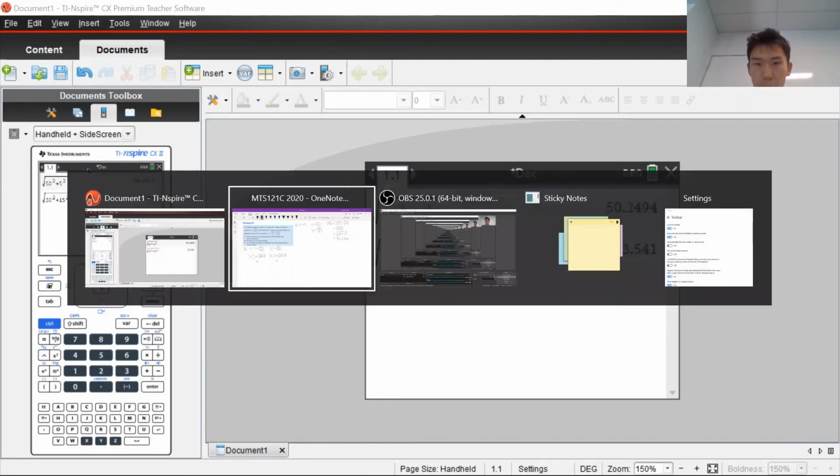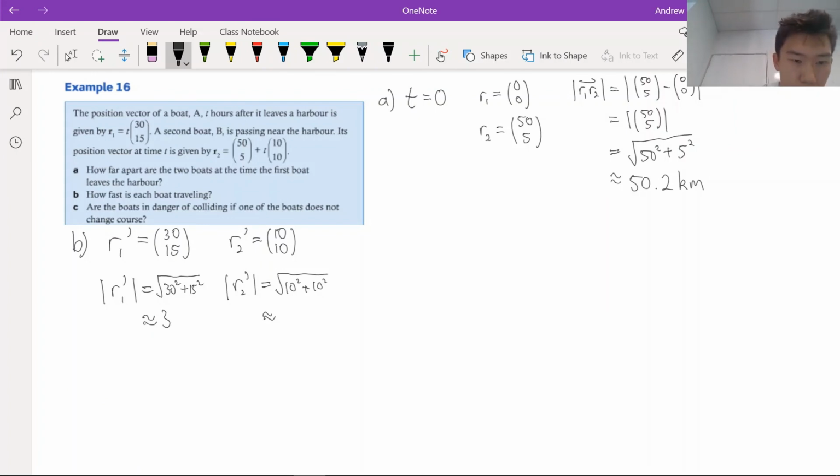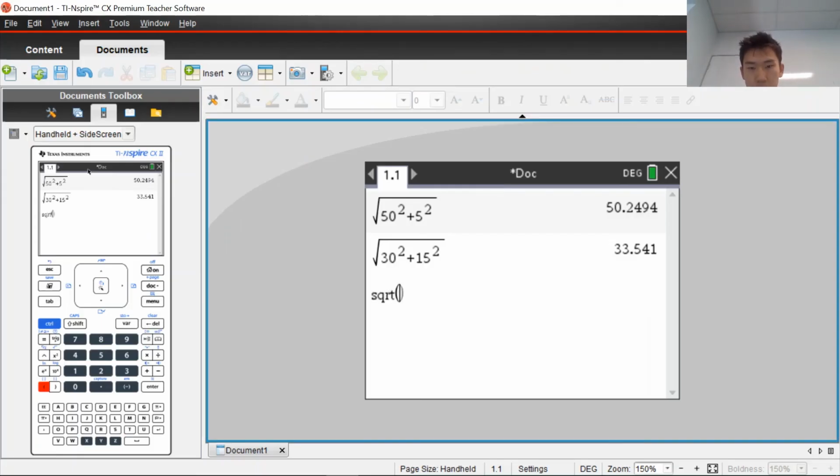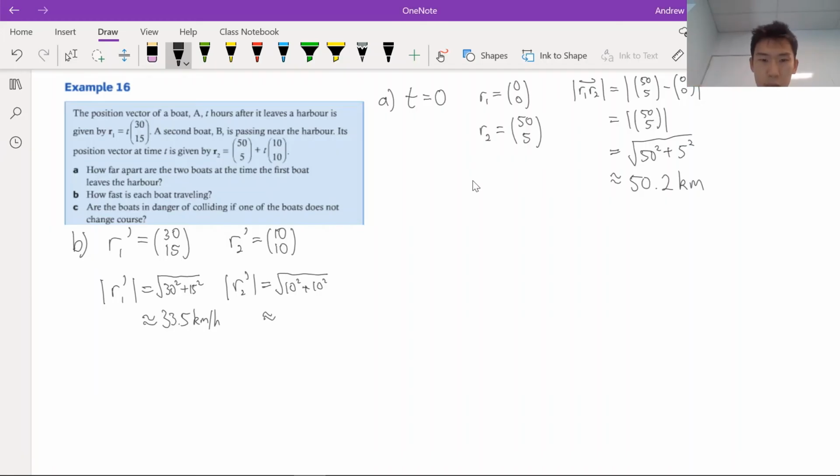So 33.5, and let's just go with kilometers per hour, and the other one 14.1 kilometers per hour. Okay, and that's how we do velocity.